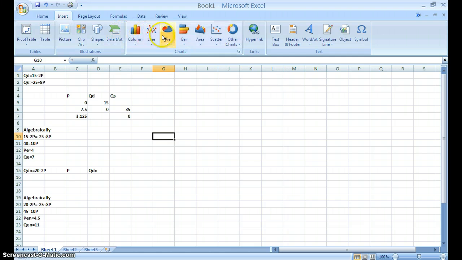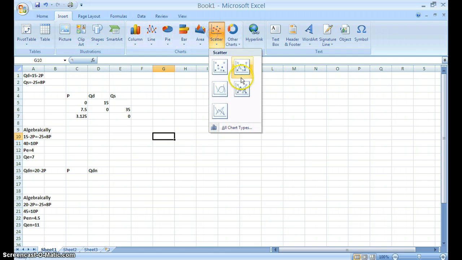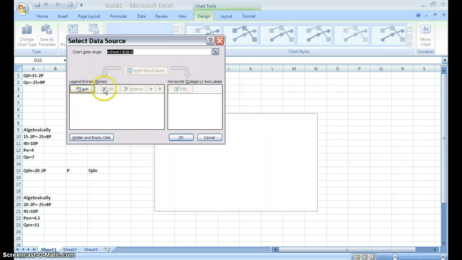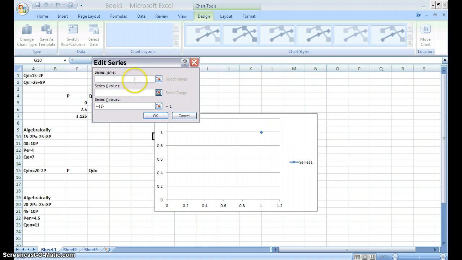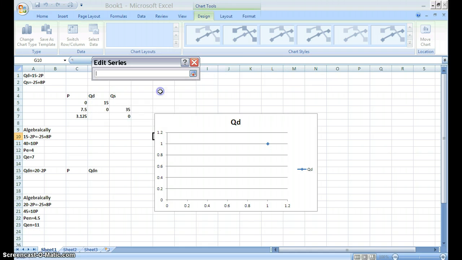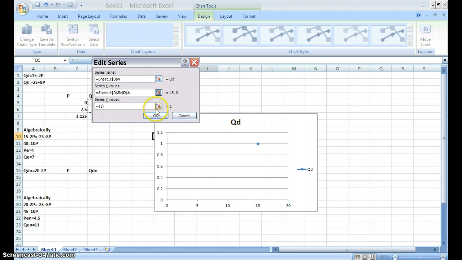I insert, I go to the scatter diagram, pick the one with lines, and I go to select data because I have to build this. So we're going to add, series name will be quantity demanded, put that in there like that. Now we select the data under quantity demanded, which is those 2 points. Got that.